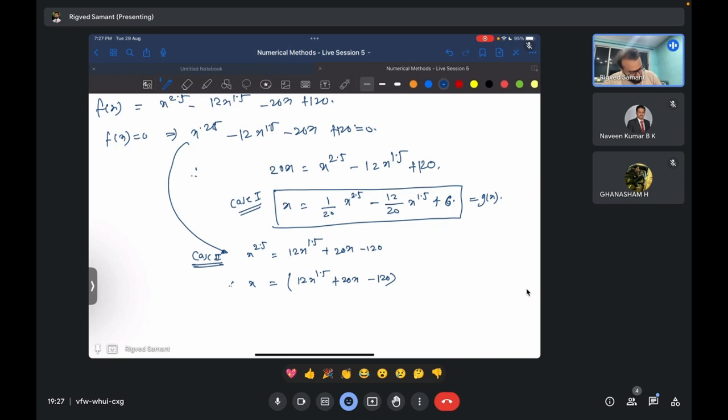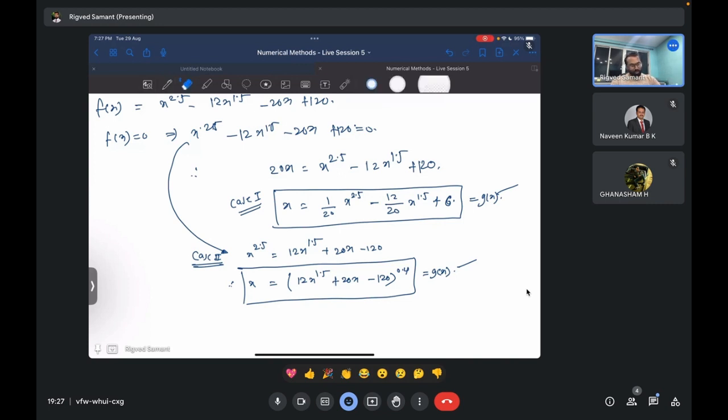So x would be 0.4 times 12x raised to 1.5 plus 20x minus 120, since 1 divided by 2.5 is 0.4. This can be your g of x. You will find the root of it and iterate on this equation again and again.